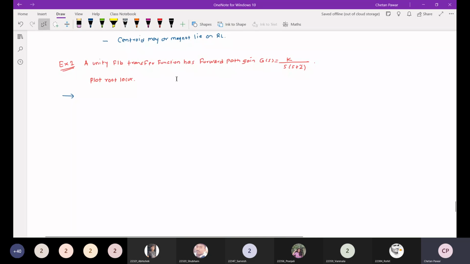Take a unity feedback system with forward path transfer function G(s) = K / (s(s+2)), and we need to plot the root locus for this. What is rule number 2?